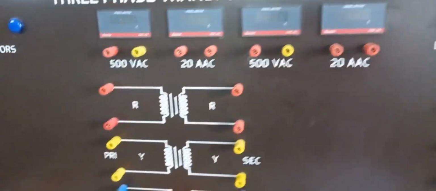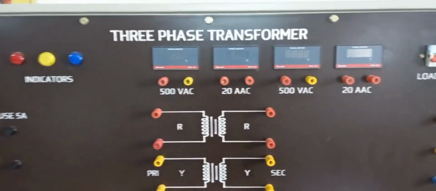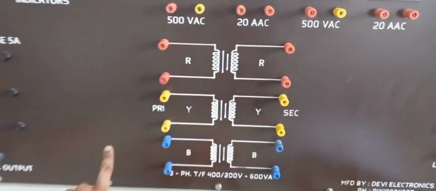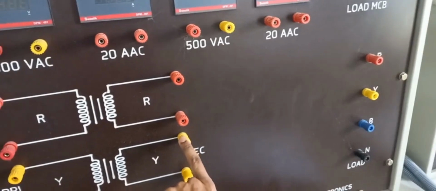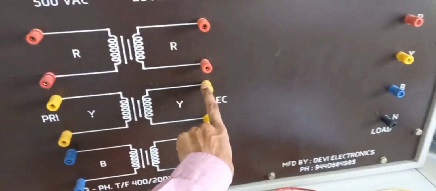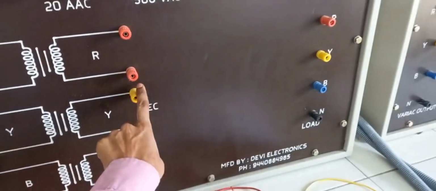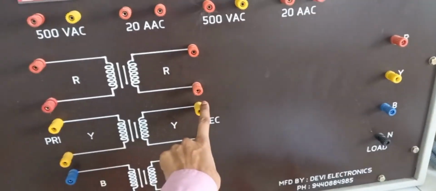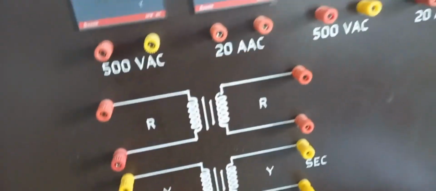So first we are going to connect the star to star connection. It means at primary side I am going to connect the star connection, and secondary side also I am going to connect the star connection. It means source we are taking a star connection, and load also we are going to take star connection. So such kind of connection I will be going to connect here, you remember.